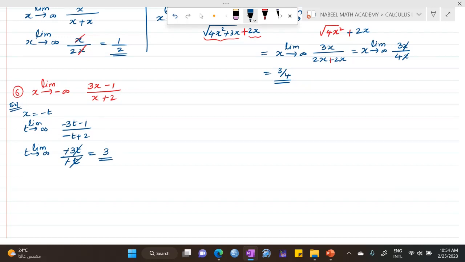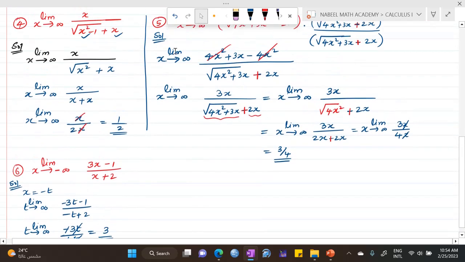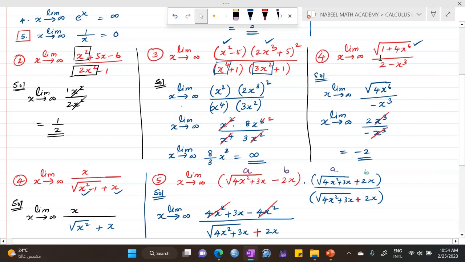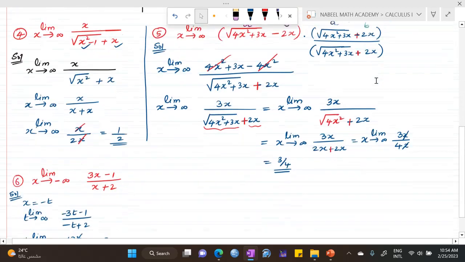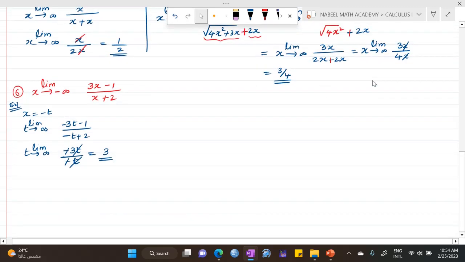Now let us solve the same problem here, with plus infinity and minus infinity. This is minus 2. I will solve the same problem with plus infinity and minus infinity. What happened? Let us check.